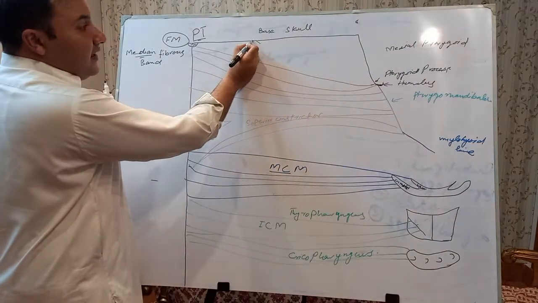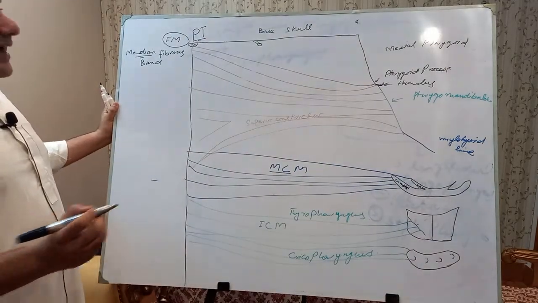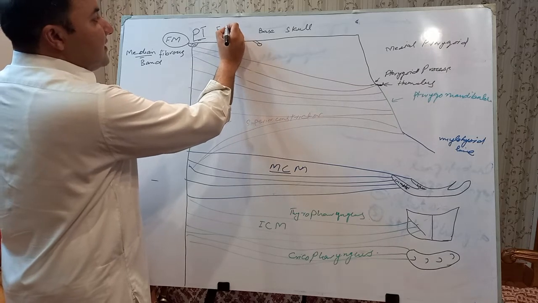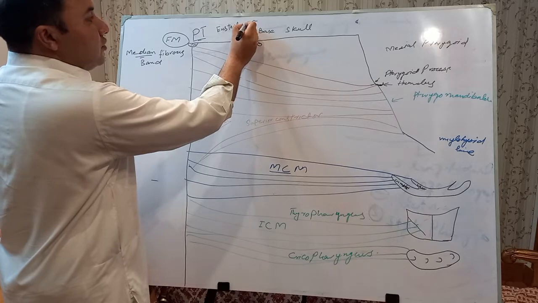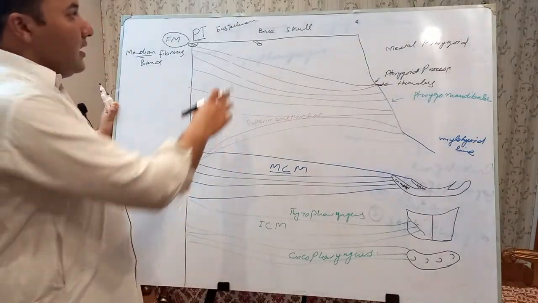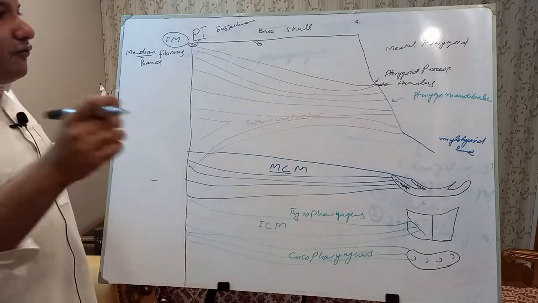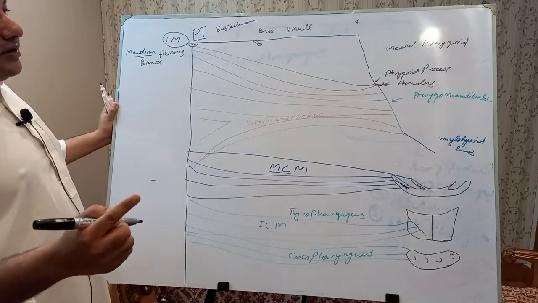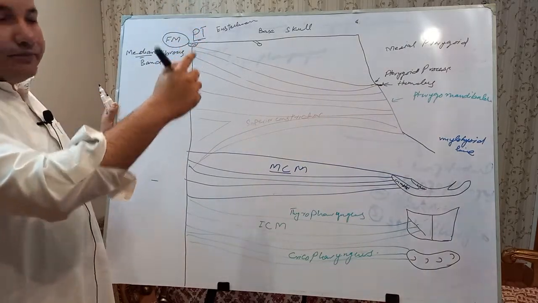In this space, we have a tube called the Eustachian tube, or auditory tube, which opens on the lateral wall of the nasopharynx and continues to attach to the tympanic cavity.